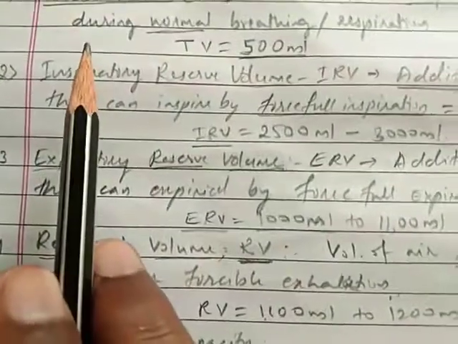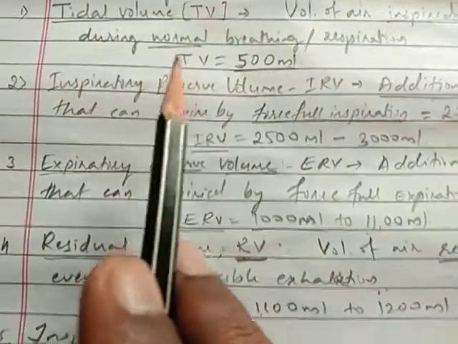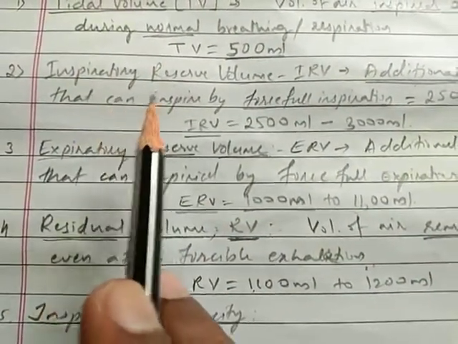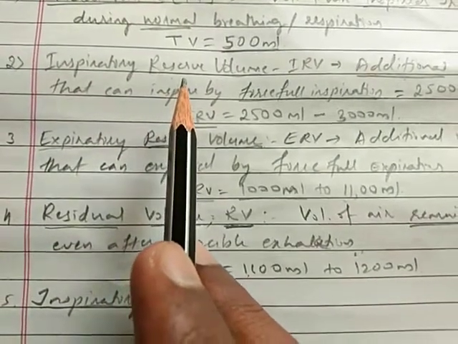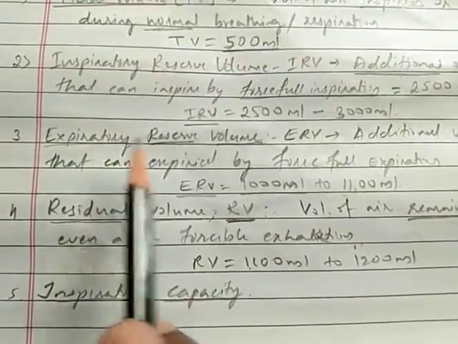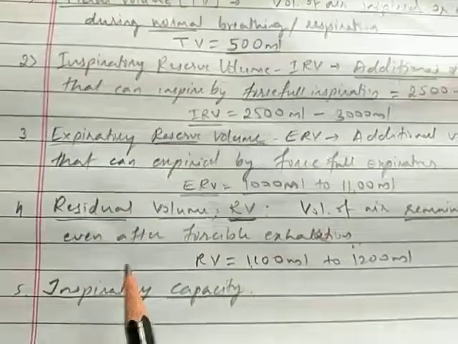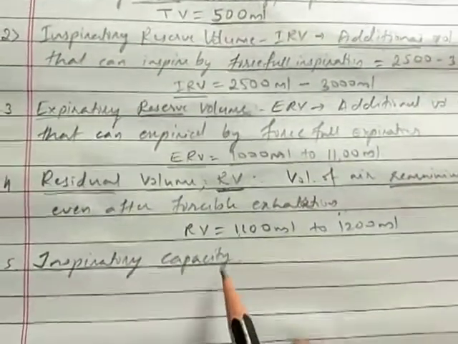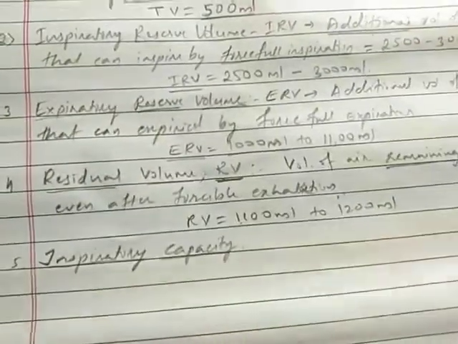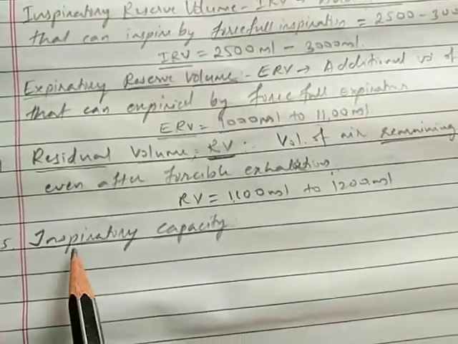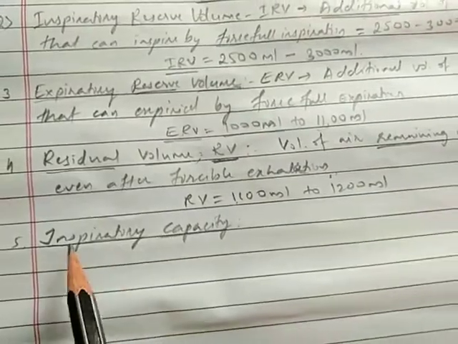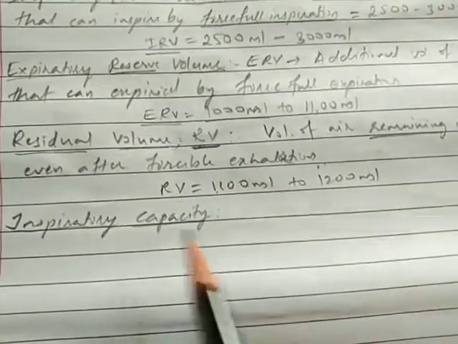First one is the tidal volume, second one inspiratory reserve volume, expiratory reserve volume, and residual volume. These are the volumes related to this respiration process in the lungs, right? Next, the capacities, we can say inspiratory capacity.